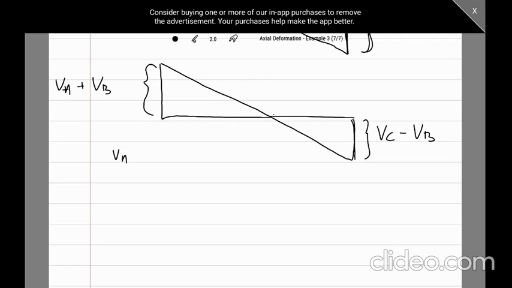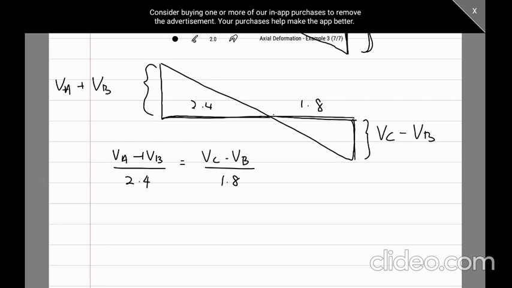VA plus VB over this length here, 2.4, is equal to VC minus VB over 1.8. The length here is 1.8. So this is 2.4, this is 1.8.